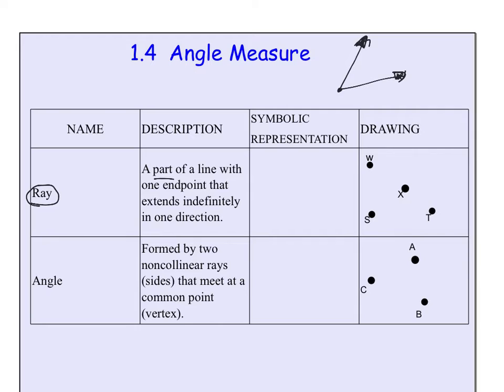A ray is a part of a line, so remember lines extend on forever. And the difference is that a ray starts at one endpoint and then goes on forever in one direction. Okay, so a symbolic representation. So if I say something like this, starting at S and going like that, it will go like this.